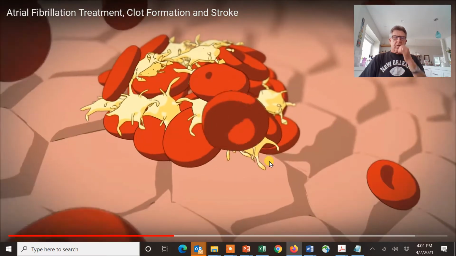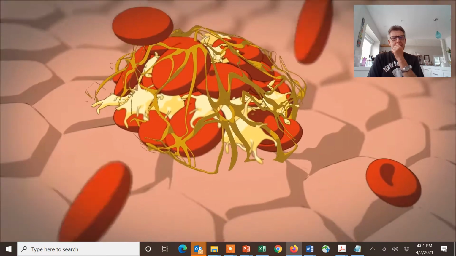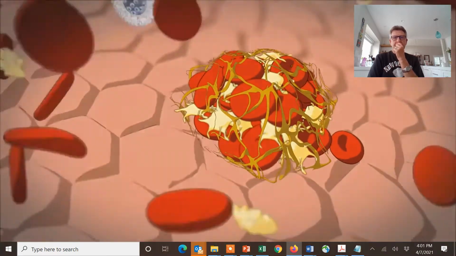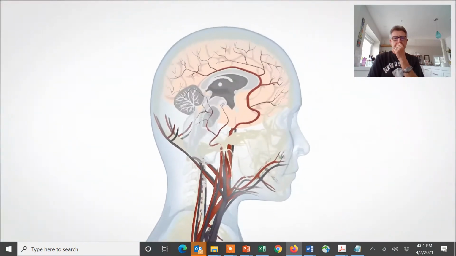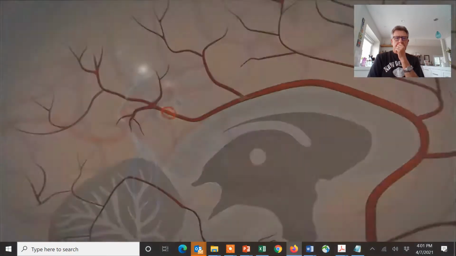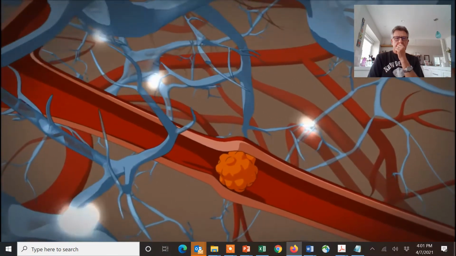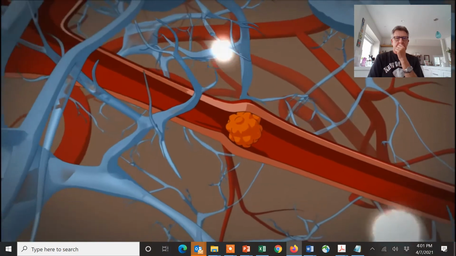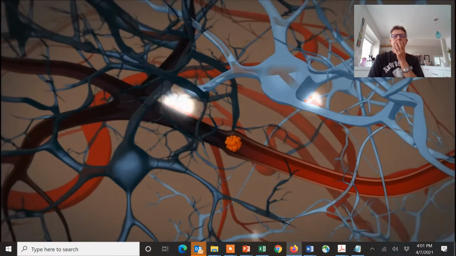This way can leave the heart and travel through the arterial system directly into the brain. As the blood vessels branch out, the clot may reach a point where it becomes too large for the vessel and effectively blocks it. This causes the surrounding area of the brain to be starved of oxygen normally delivered by the blood. Eventually, this causes the nerve cells to stop working and die.